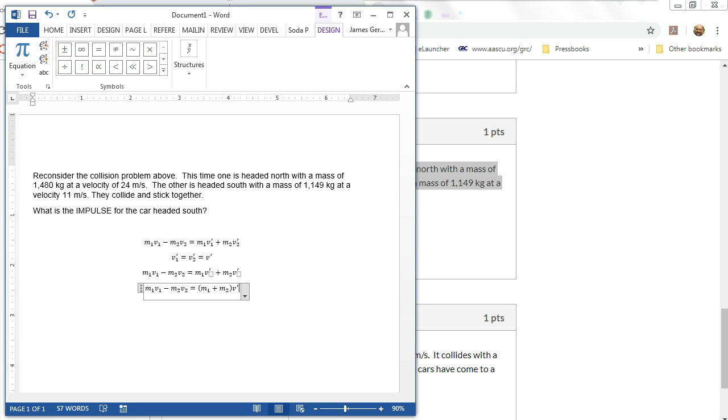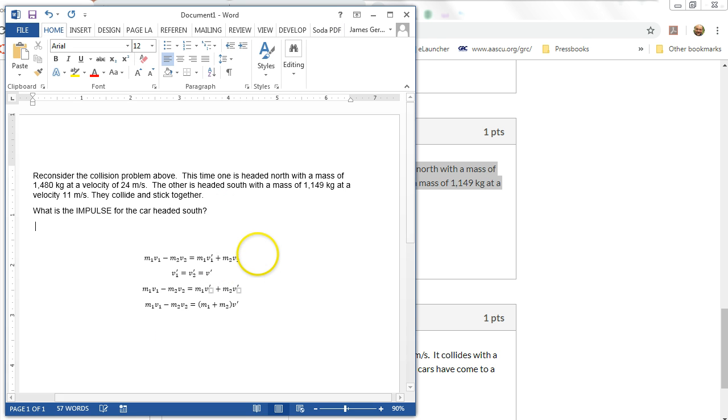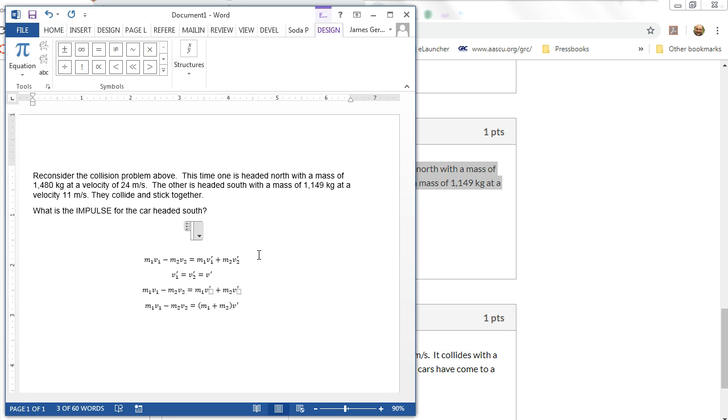All right, so let's figure out what we need. Let me back up a little bit. What we're asked for is the impulse of the car headed south, right? J is going to be the change in momentum for the car headed south, which is car 2, right? So that's going to be m2, and north is our reference direction, right?